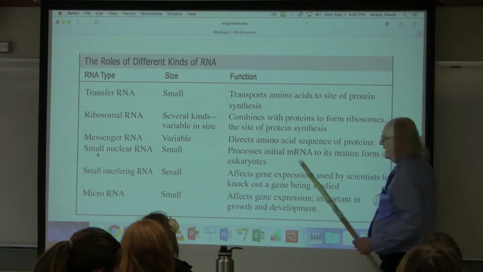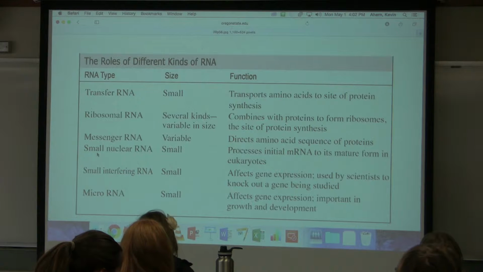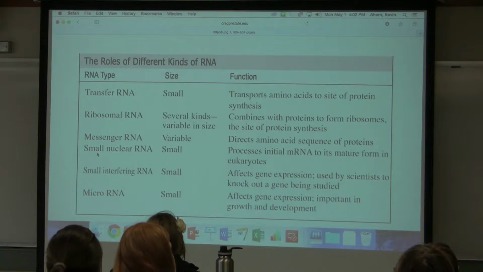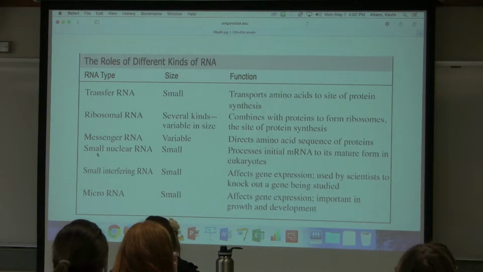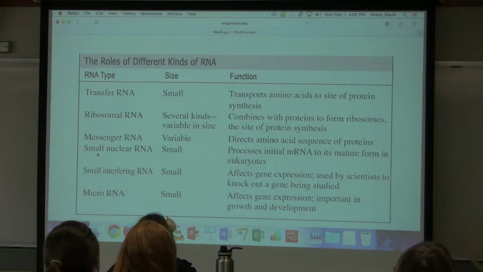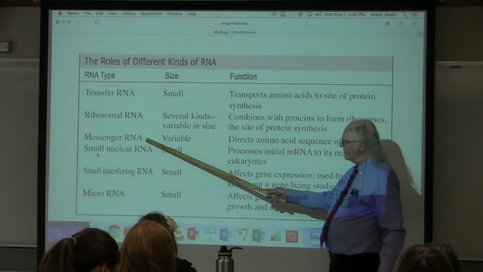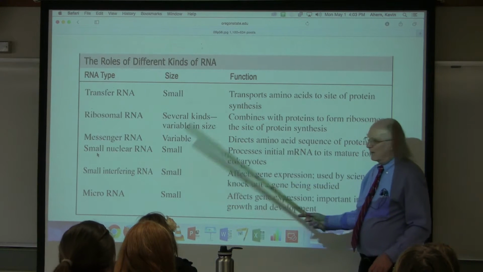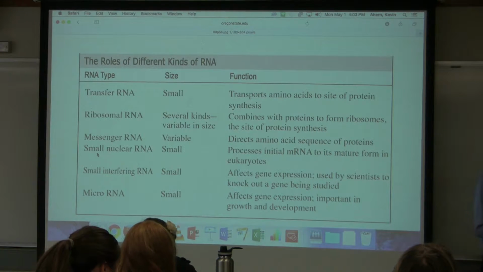The last three RNAs that you see on here are all interrelated, and they are the most recently discovered. Back when I was a graduate student, back in the dark ages, we knew of these three types, and we sort of knew of this one right here, small nuclear RNA.